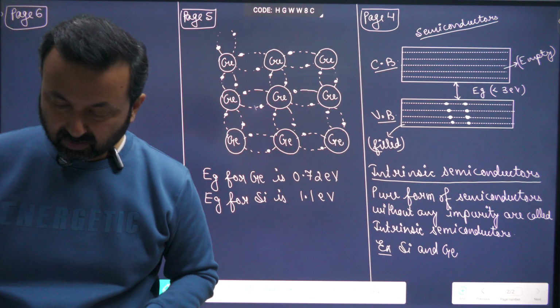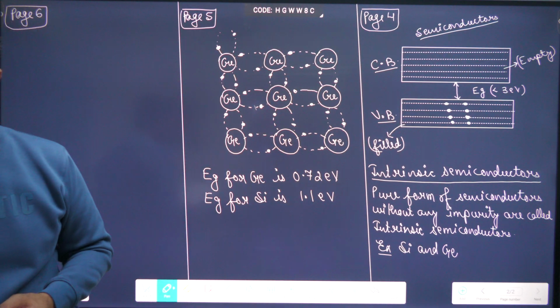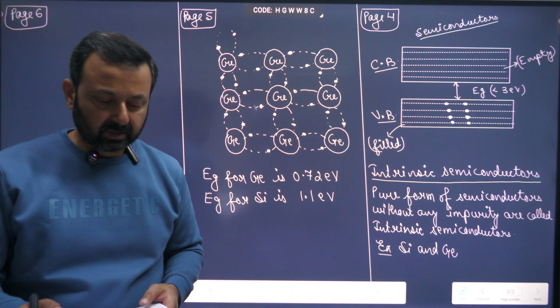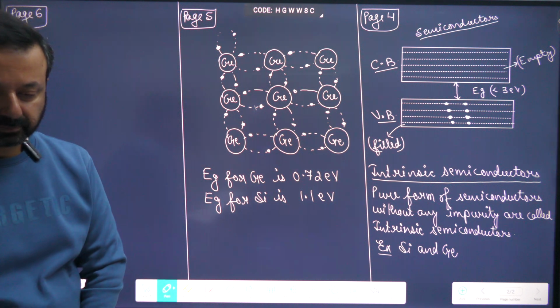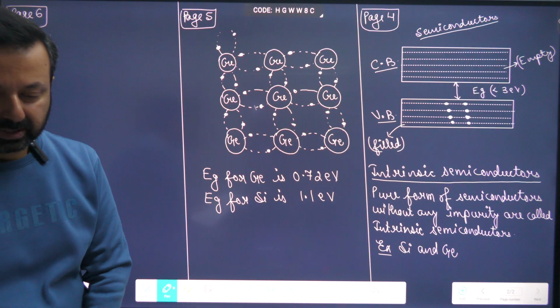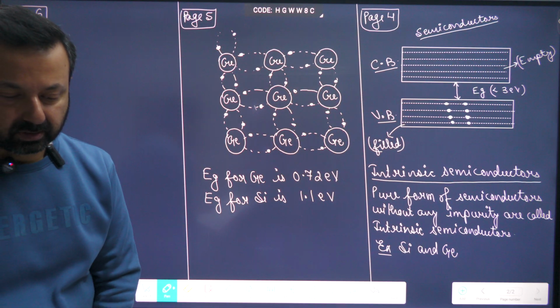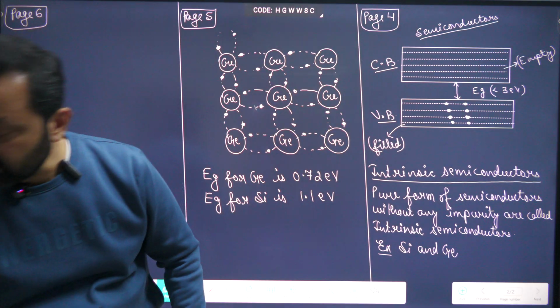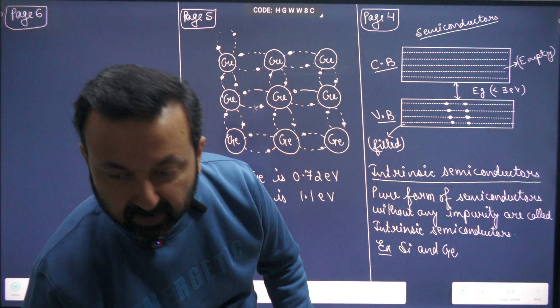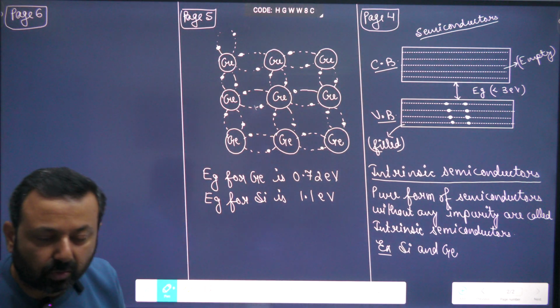Now, next. When an external electric field is applied, these free electrons and holes move in opposite directions and constitute a current. The number of free electrons and holes are exactly equal in an intrinsic semiconductor. Now the question arises, what is this hole?